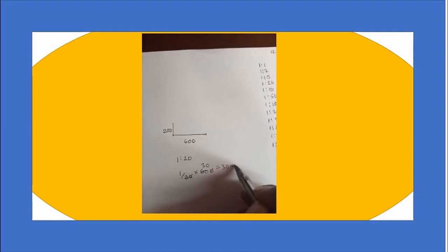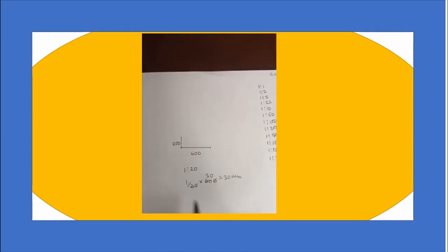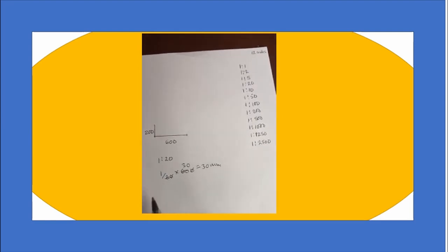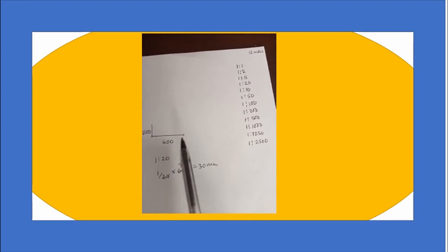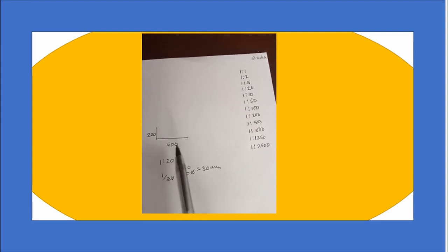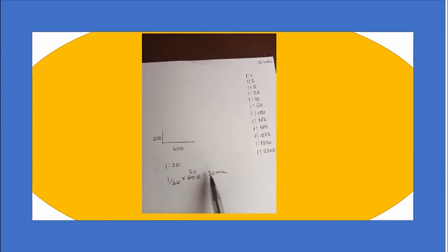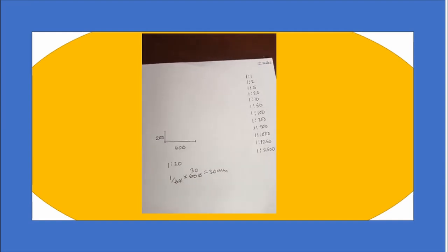So that goes with this, and this 2 goes here, 30, and therefore this gives us 30 millimeters. So we would just take our normal ruler and then measure 30, because with a scale of 1:20, when you are measuring 600, you are actually measuring 30 millimeters.